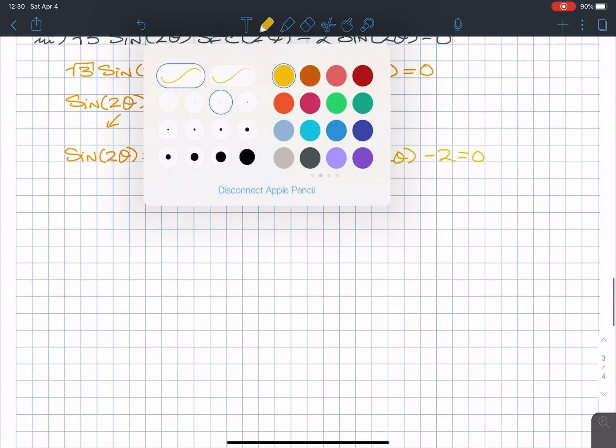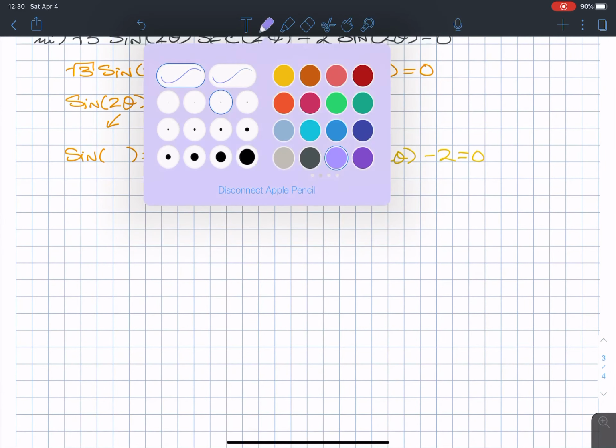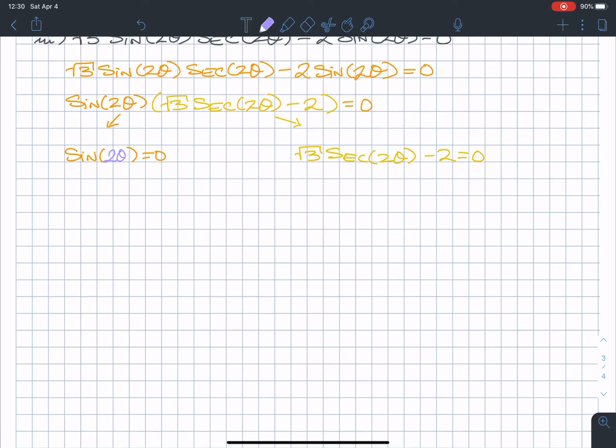So in the first case, what's interesting, and we have to be careful here, so let me color code. I'm going to write 2 theta in purple. So 2 theta, in order for sine to be 0, must be at 0 or pi, so any integer multiple of pi. So pi times k, where k is an integer.